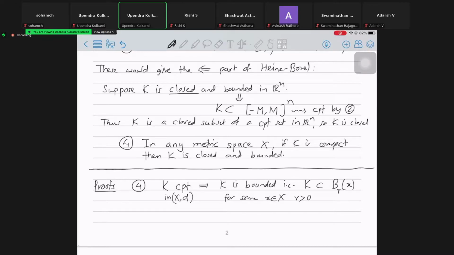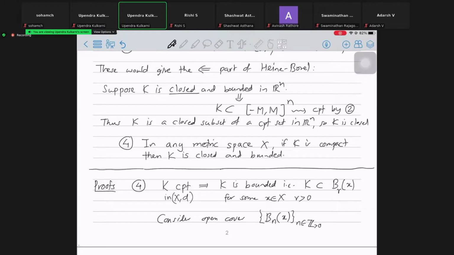Consider B(x, n) for n in the positive integers.